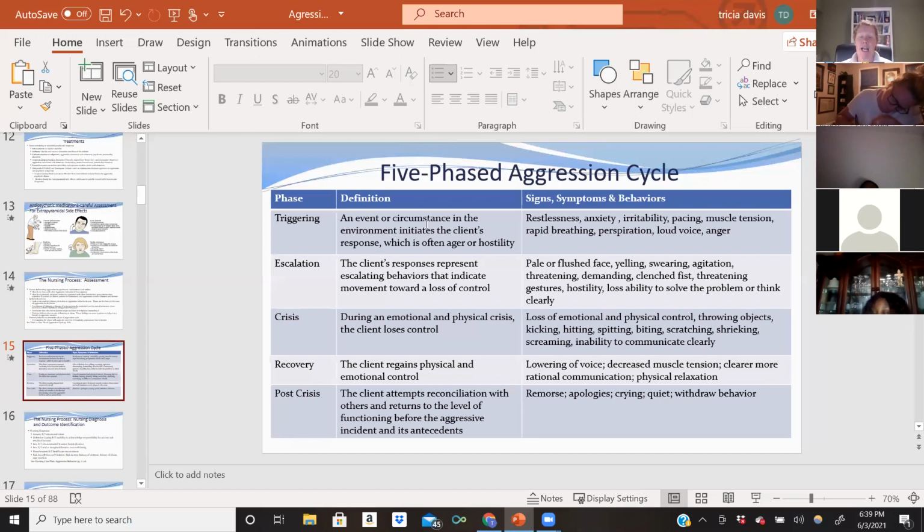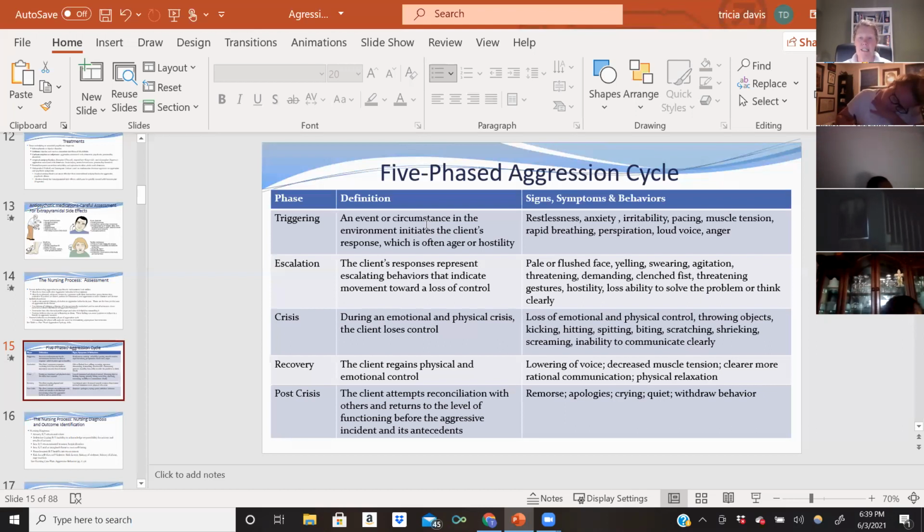And then things start to wind down. We have the recovery phase, where they get it all out of their system and the client regains physical and emotional control. You're going to know because their voice starts to lower and their muscle tension decreases. Their communication becomes clearer and more rational, and you're physically going to be able to see them relaxed.